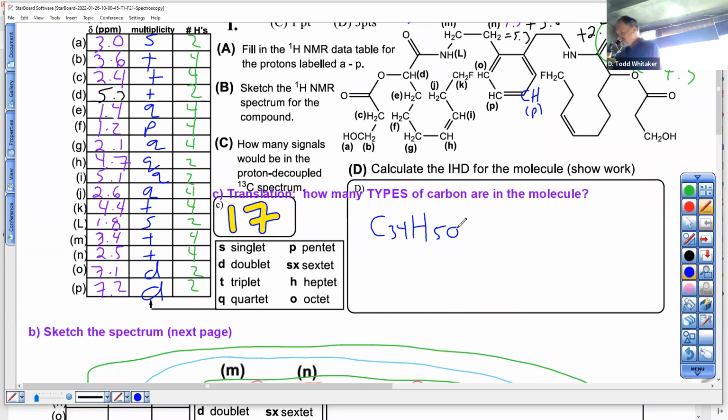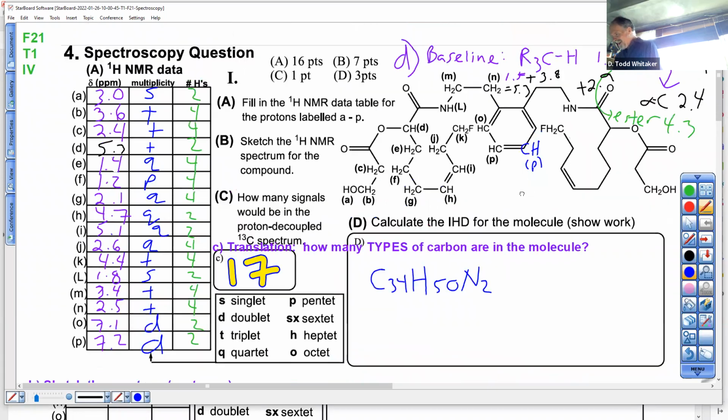How many nitrogens? 2. How many oxygens? A lot. I don't really care about the oxygens, right? 1, 2, 3, 4 times 2. Is that right?